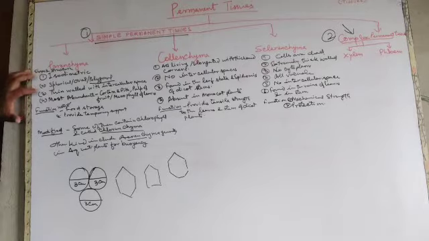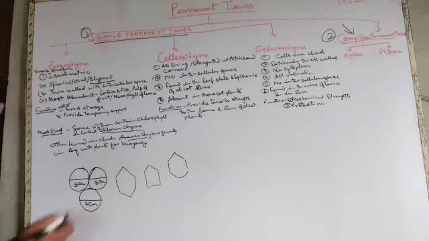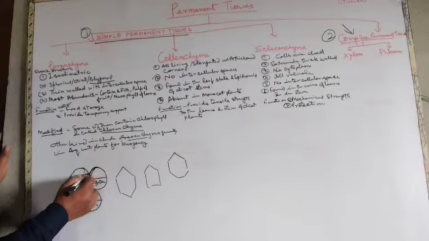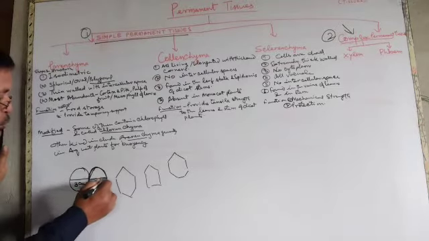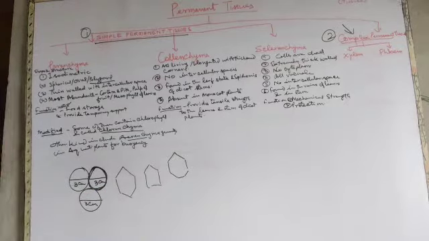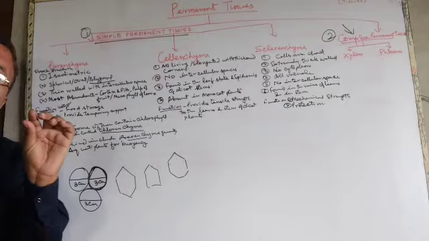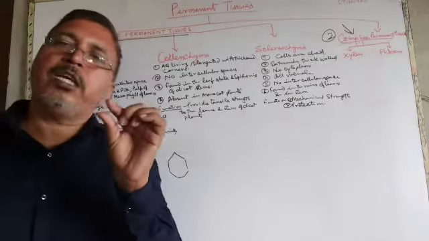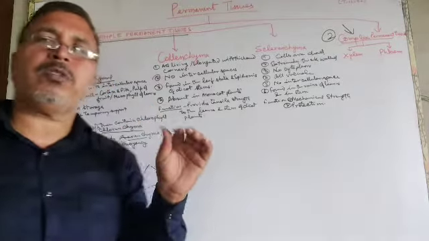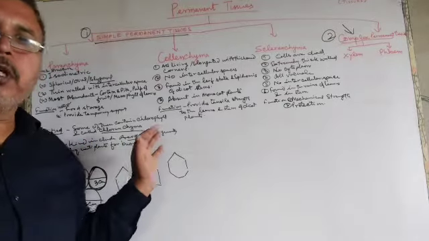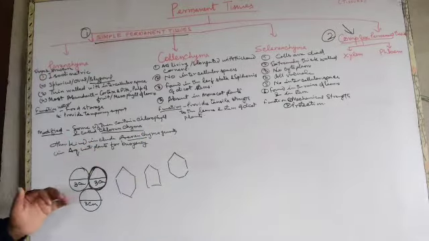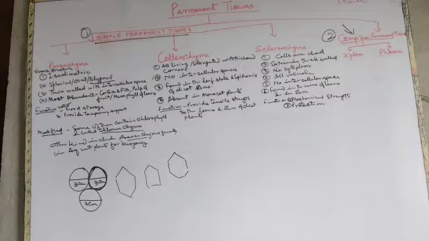Another very important thing is they are thin walled. I am moving my pen on this wall or boundary of the cell, that is not thick, that is very thin. Thin means it doesn't have enough thickness because they have just come into their permanency, developing from the meristematic tissues or meristematic cells.